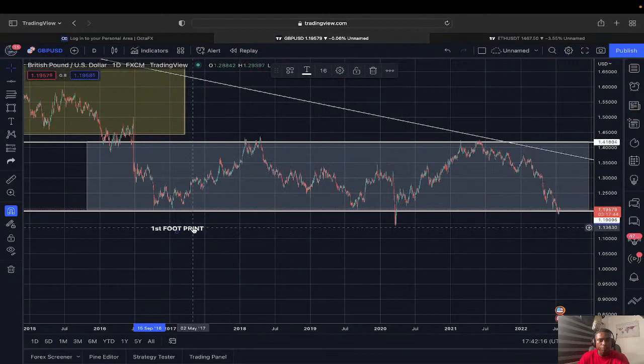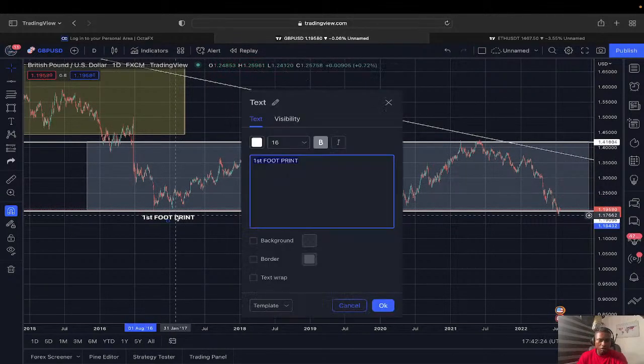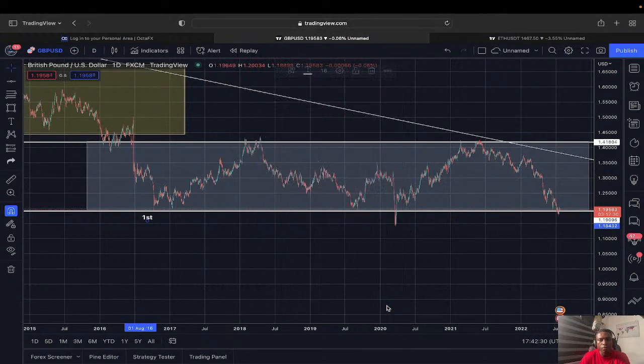I'm seeing more footprints there, so there are several footprints here.